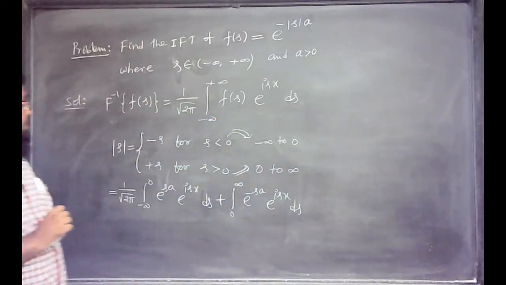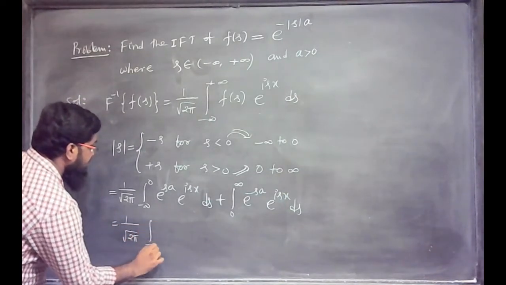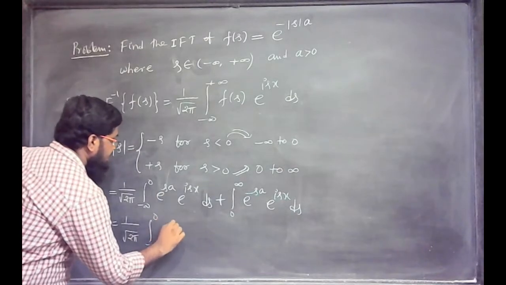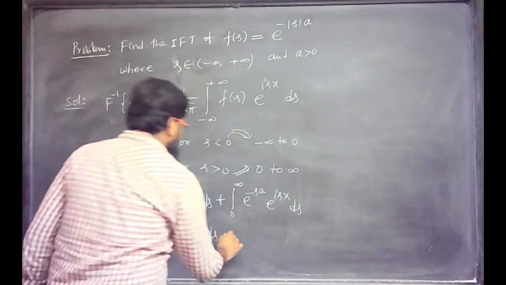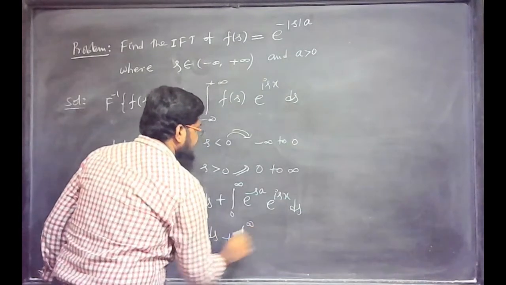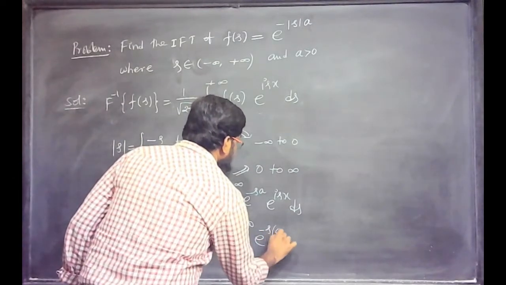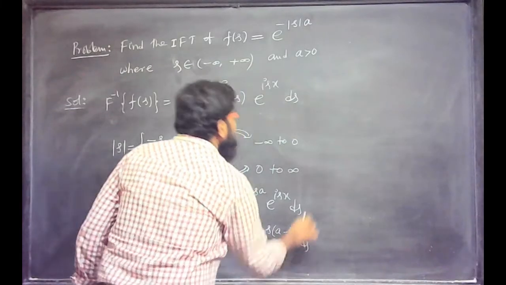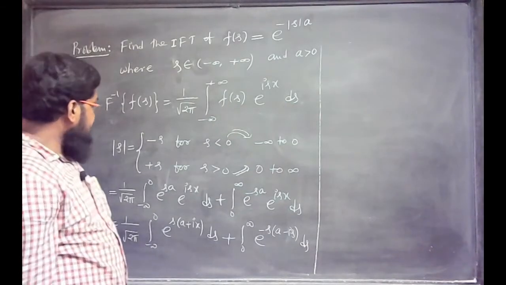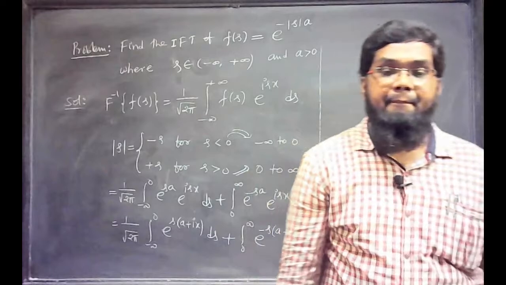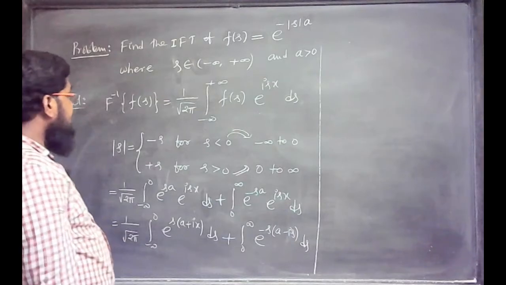Now we can write it as 1 by root 2 pi times the integral from minus infinity to 0 of e power s into (a plus ix), plus the integral from 0 to infinity, taking minus out, of e power minus s into (a minus ix) ds. Now we need to simplify this integration.